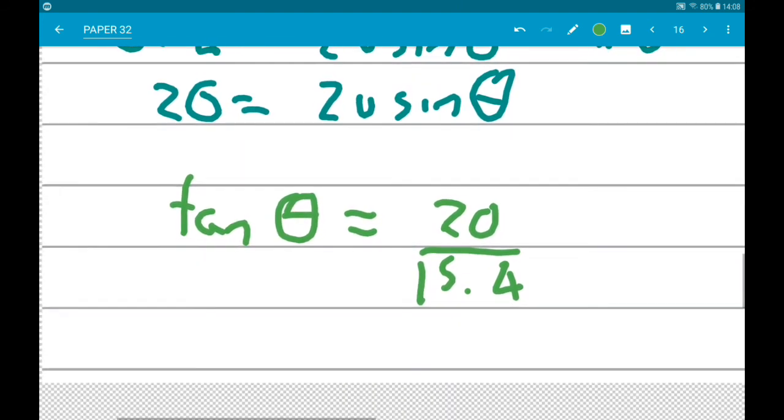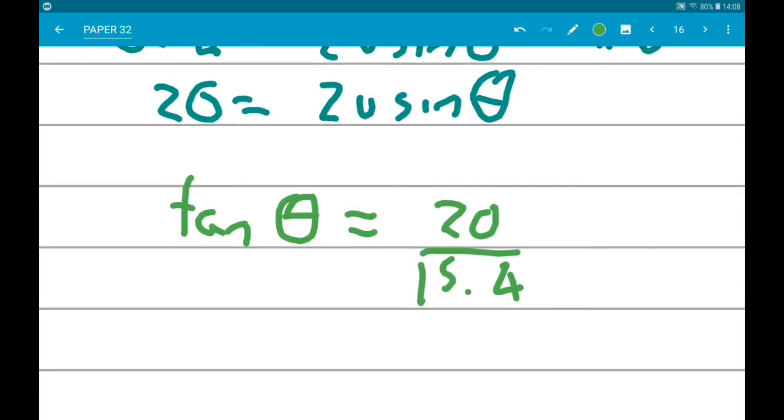So theta is the inverse tan of that, and that gives us theta is 52.4 degrees.